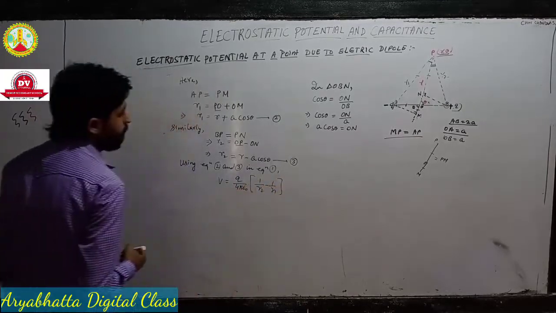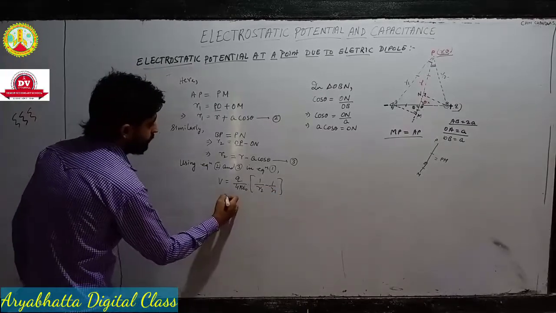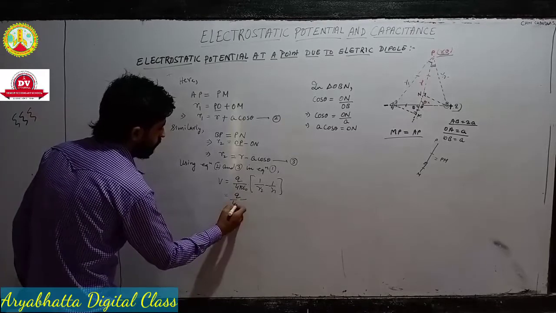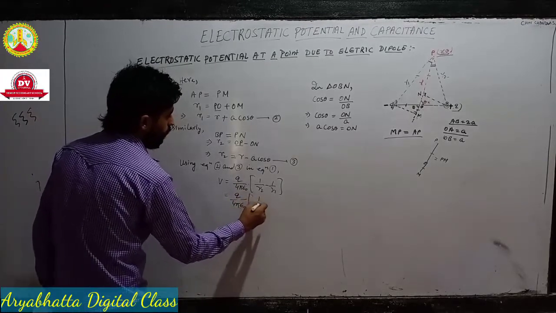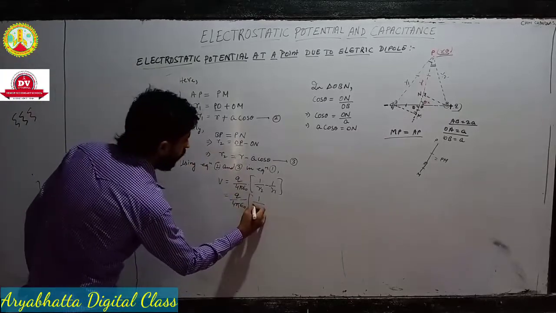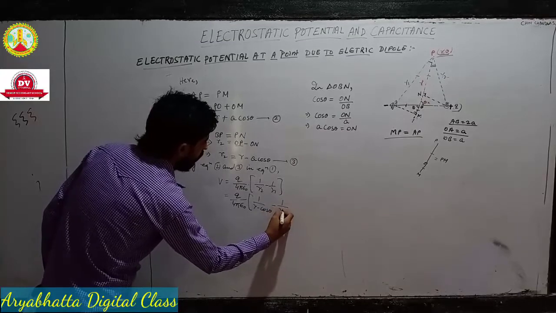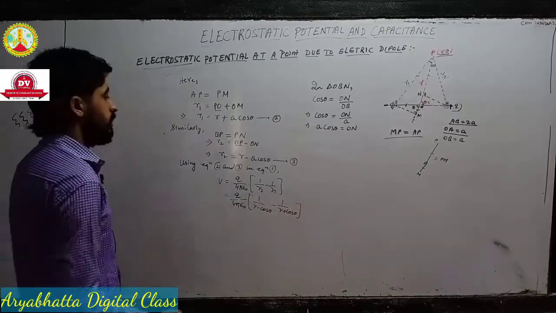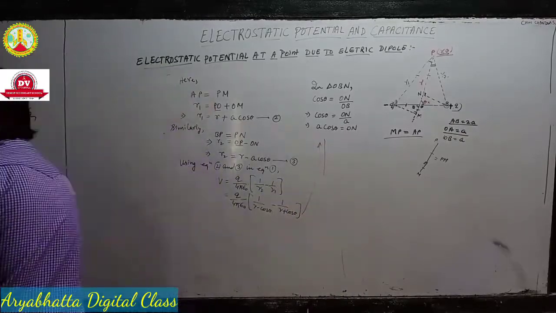We have got this, if you remember, right? Just put the value of R2 and R1 here. So what we'll get here, see, Q by 4 pi epsilon naught. Value of R2 we have got as R minus A cos theta, and R1 we got as R plus A cos of theta. So we have got this, isn't it? So let's show, I'm just showing here, or in the above, I'll just show.